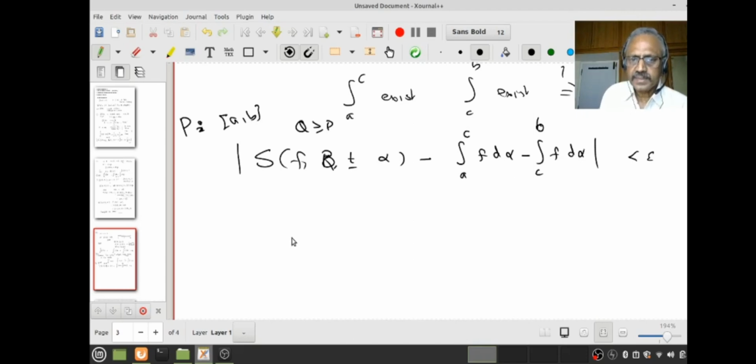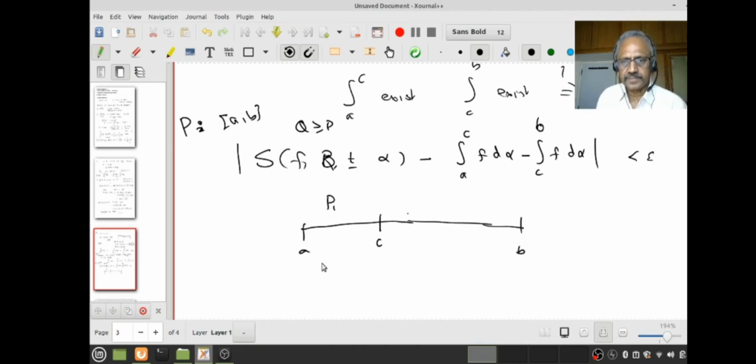Now how do I do that? Again easy. Let us look at A, C, and this is my B. The integral from A to C of f is alpha-integrable on AC. Therefore I know there is a partition P1 here. Similarly, f is alpha-integrable on C to B, therefore there is a partition P2 here. With what property? I'm sure all of you know how to write such things.